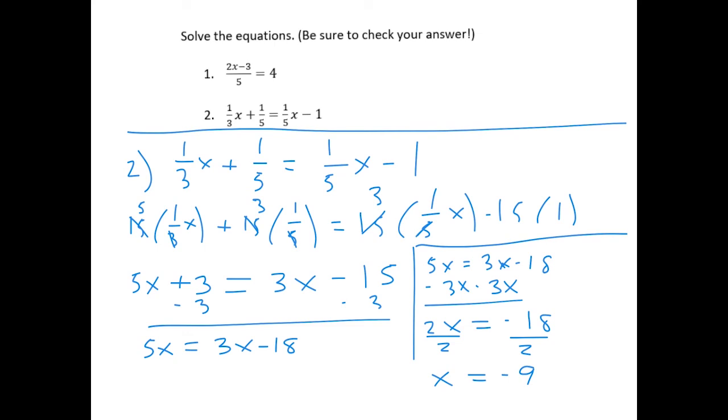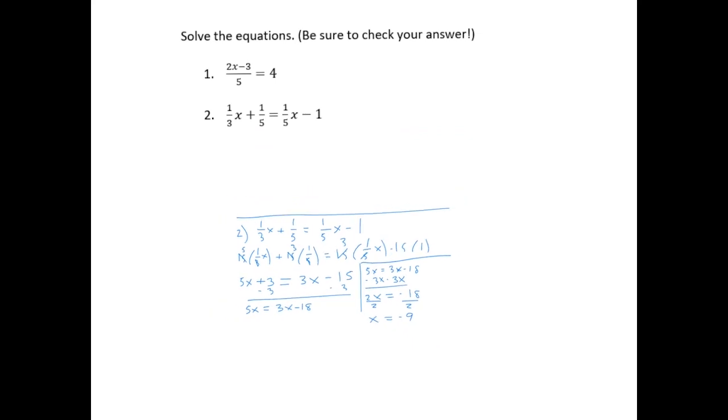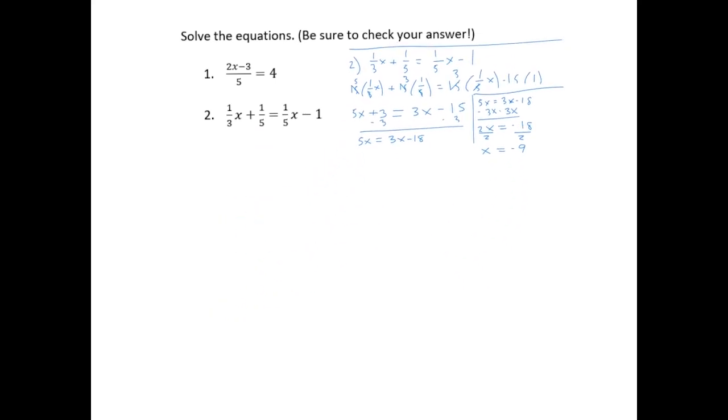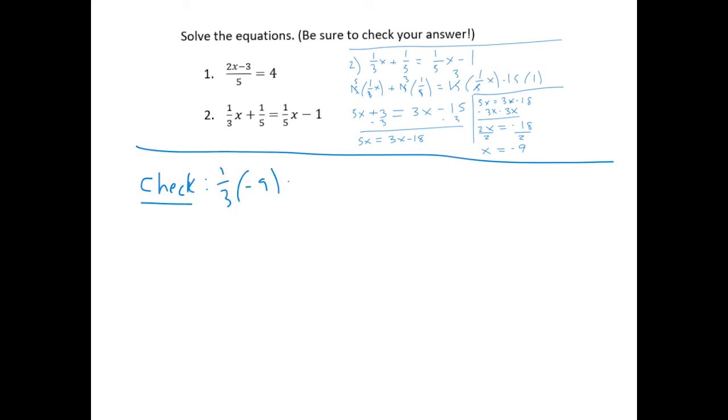So let's check this thing. We think x is equal to negative 9. Let's see if that's true. So our proposed solution is x equals negative 9. Going to plug that into that second equation to check it. This is 1/3 times negative 9 plus 1/5 equals 1/5 times negative 9 minus 1.